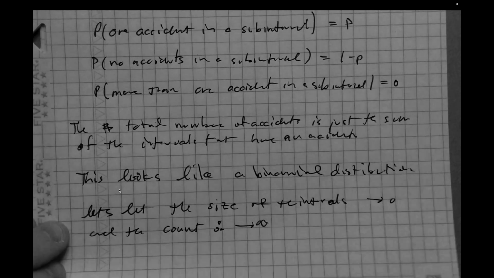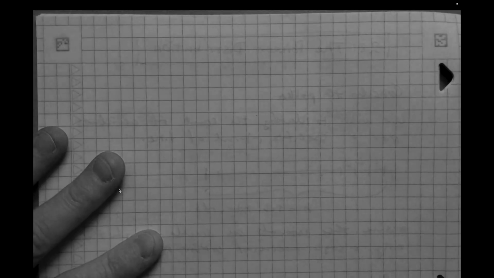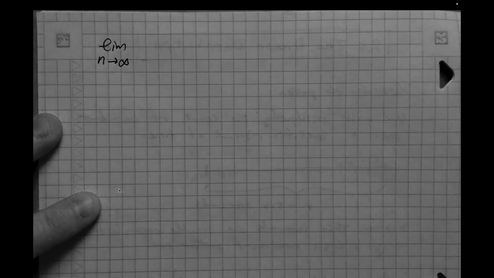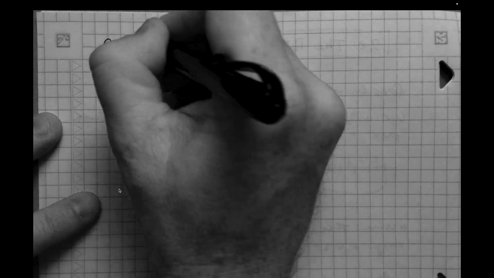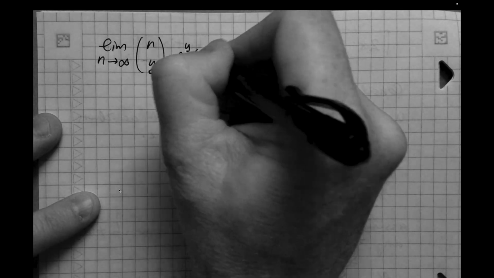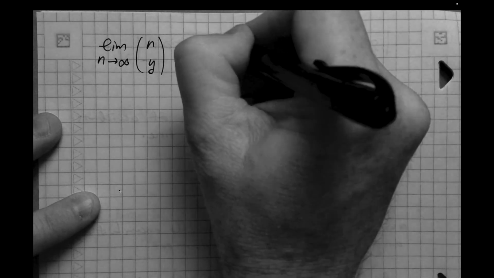We're specifically interested in the probability distribution here, so we'll start with the binomial distribution. We let the limit as n goes to infinity of n choose y times p to the y times 1 minus p to the n minus y.